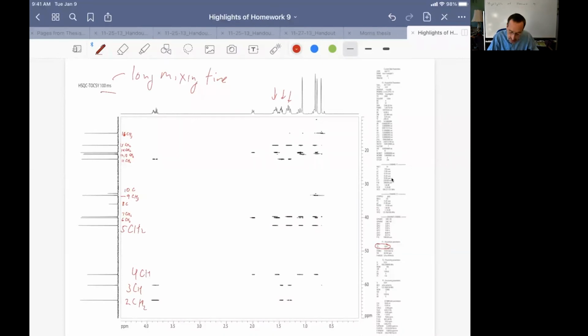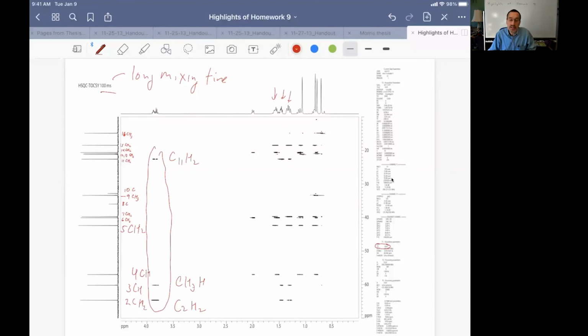And so you look at this track over here in the HSQC-TOCSY, and immediately it tells you one of your spin systems: C11H2, C3H, and C2H2.